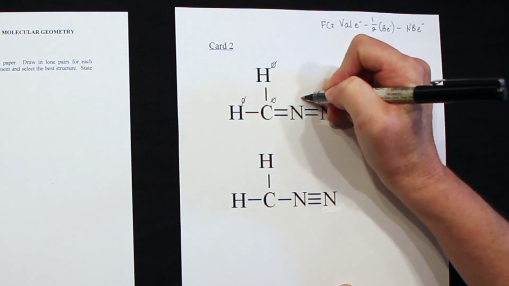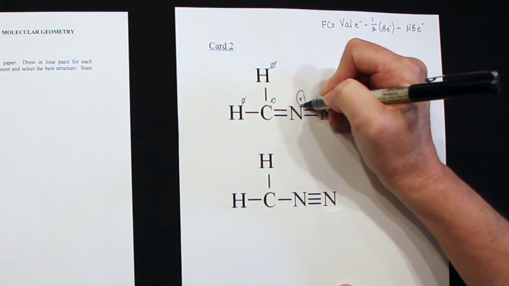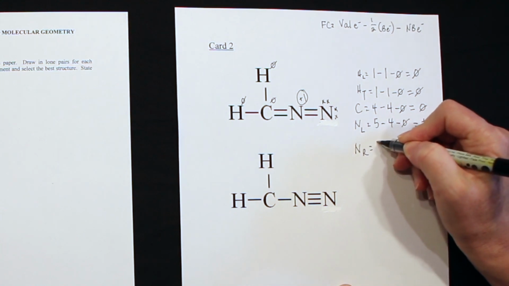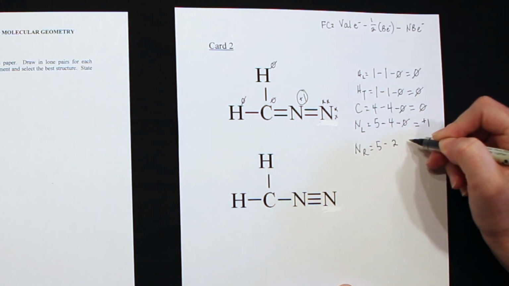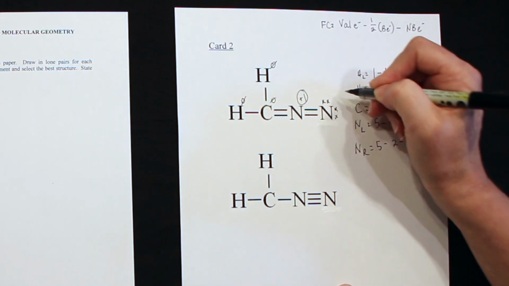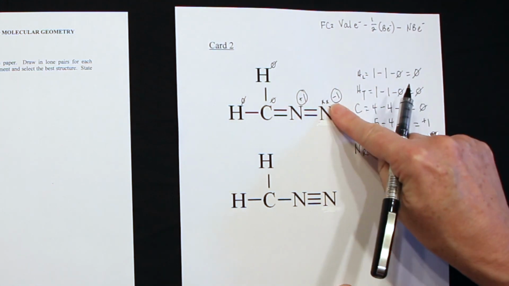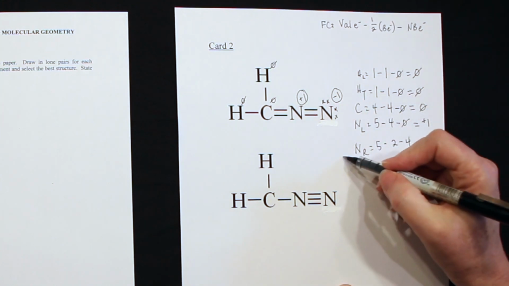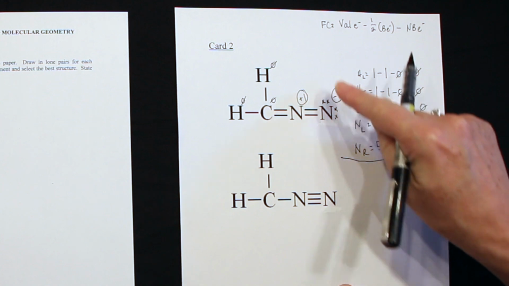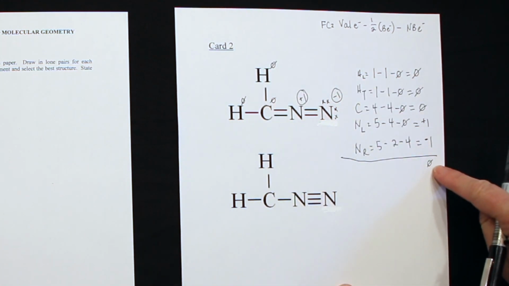That is a +1. This nitrogen, 5 minus 2 minus 4 is equal to -1. This one has -1. You can do a little check here. These must add up to the total charge on the molecule, which is 0.